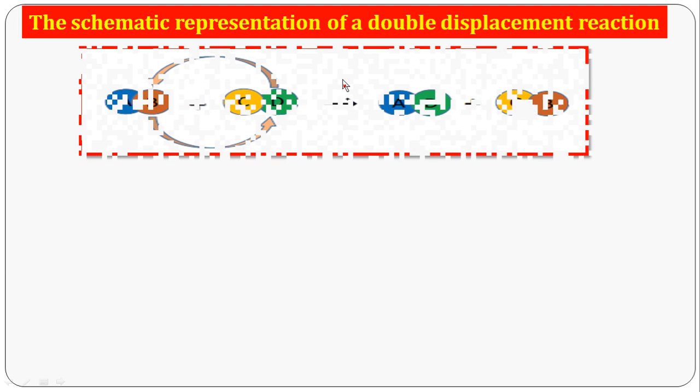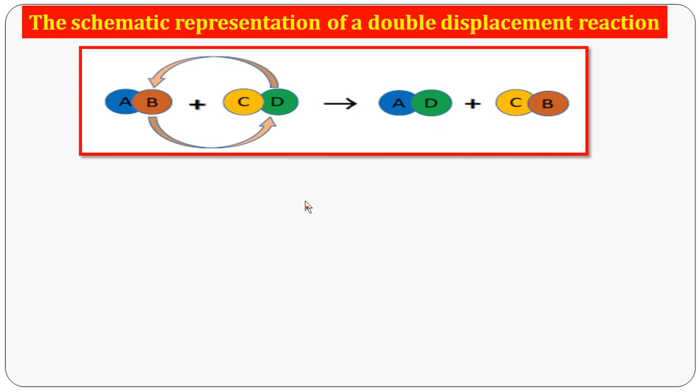Now, the schematic representation of a double displacement reaction. AB is a compound. It reacts with another compound CD. Here, their ions are interchanged to form new compounds AD plus CB.